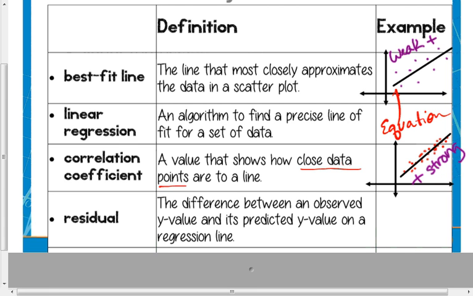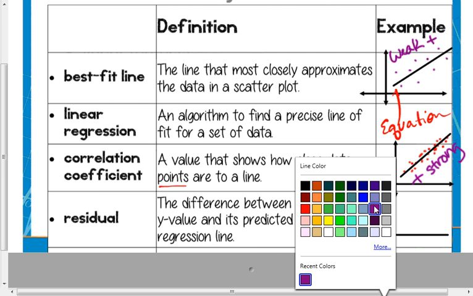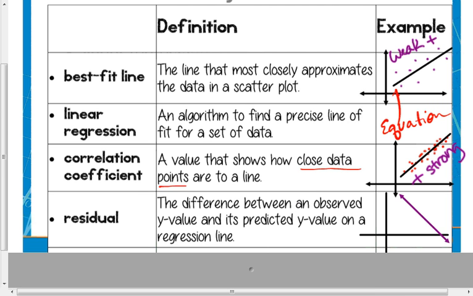Residual, the difference between an observed y value and its predicted y value on a regression line. So if I have my coordinate plane, this right here is going to be my line of best fit, something that looks like this. And I end up with a point that's located right here.